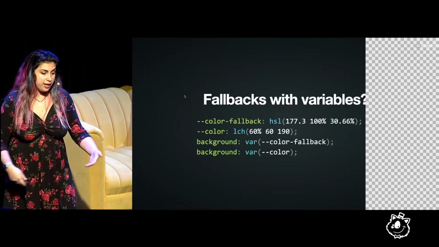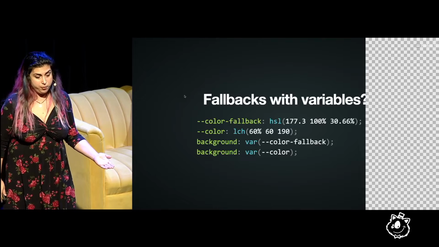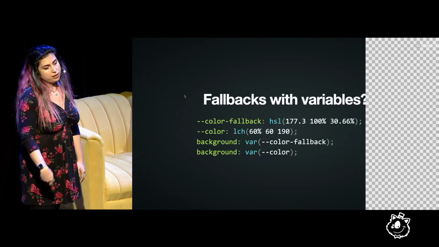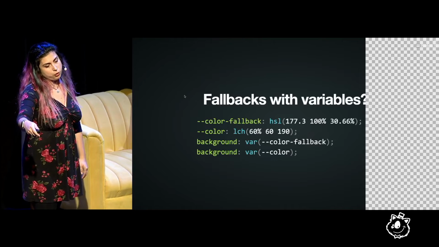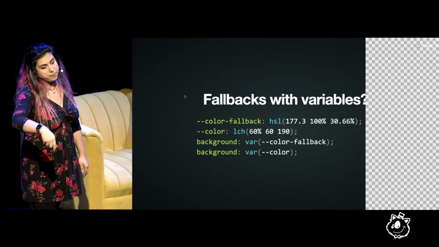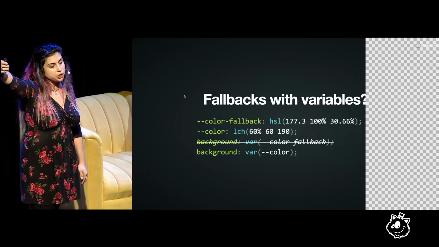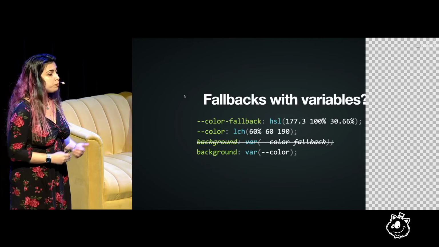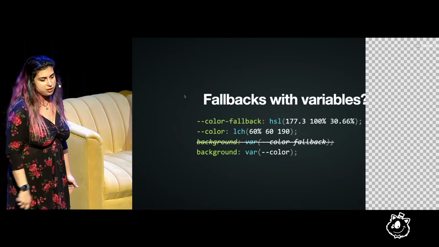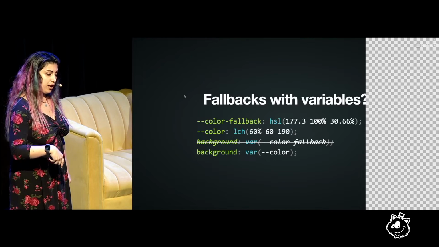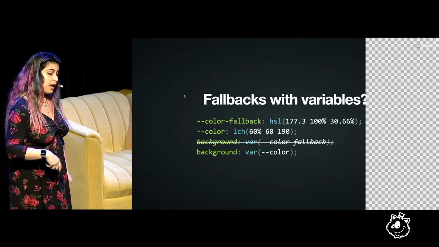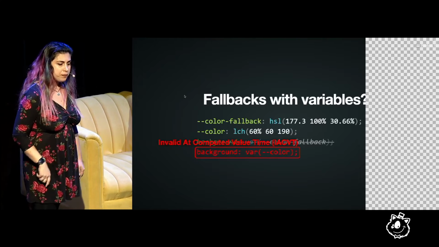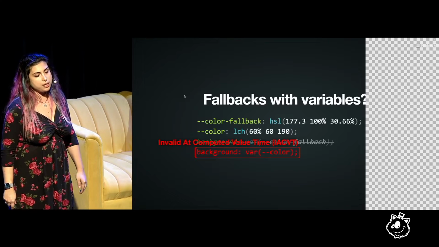So they have to assume that any of these declarations could become valid at any point. So when they read background set to color fallback, then they read background set to color, they throw away the previous declaration as if it doesn't exist, because that's what they do when they read two background declarations that both could be potentially valid. And when eventually the value of color is substituted in there, and they see that they cannot understand what this LCH color is, then this becomes invalid at computed value time.